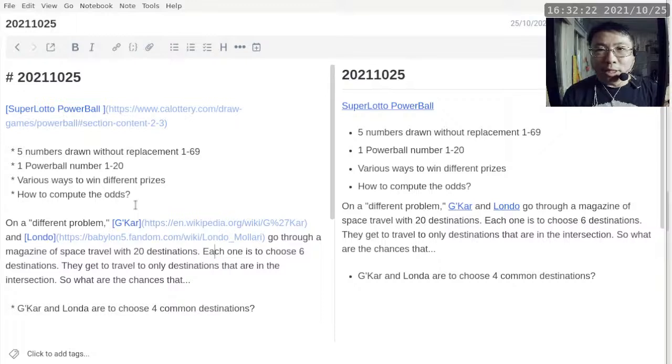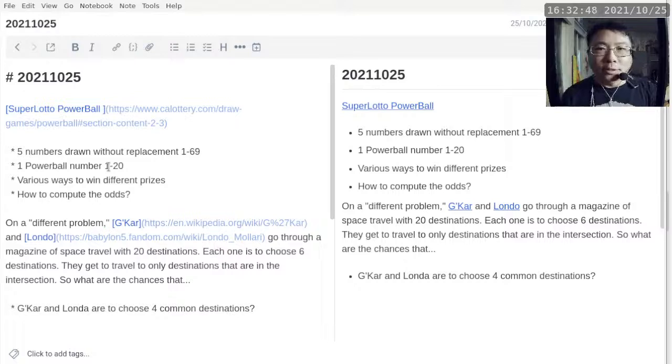of winning a particular prize when someone plays the lotto game, with the Powerball. That particular lotto involves having to choose 5 numbers from 1 to 69, and those are called the quote unquote lucky numbers. And then you have one single number that you have to choose from 1 to 20, and that's the Powerball number.